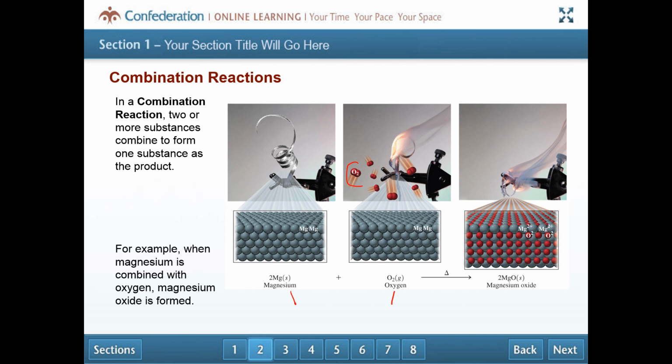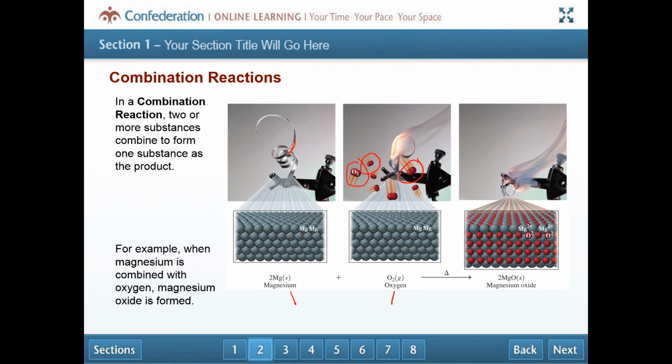So here these little red diatomic molecules, those are oxygen. So they're coming into contact with this magnesium strip. So see this curly metal strip here? That's the magnesium, and then this is a close-up of it in a lattice structure there.